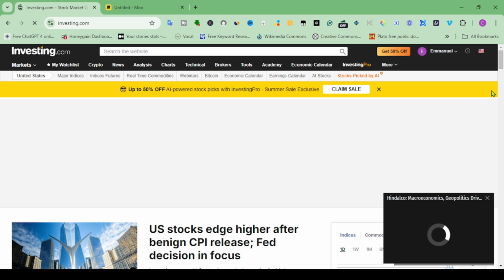Okay, you can see it is a very simple way to analyze the chart using investing.com. So first you go to technical. From technical, you go to technical summary. Okay, you can see the name, technical summary. It will summarize the entire chart for you.